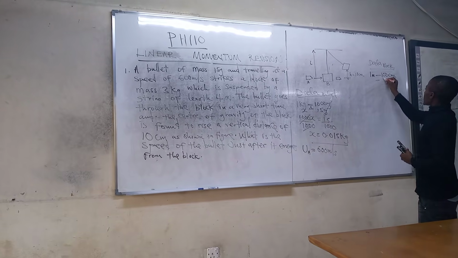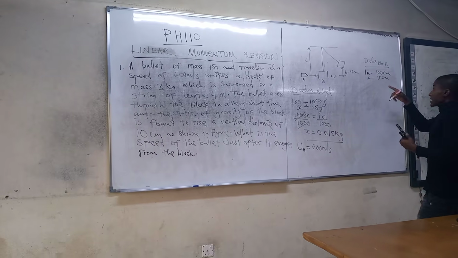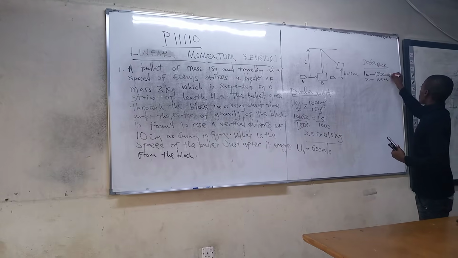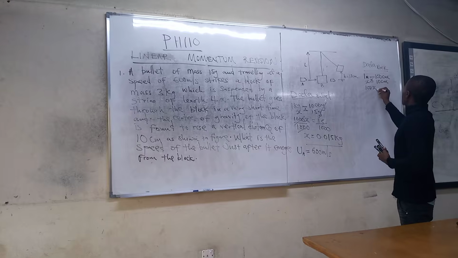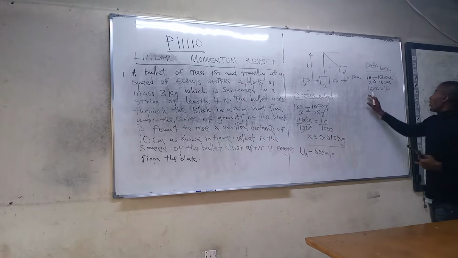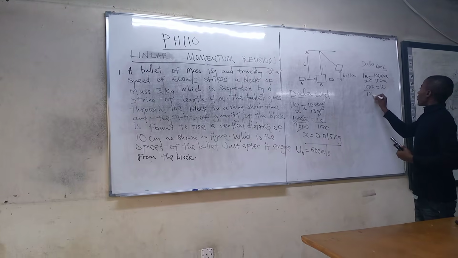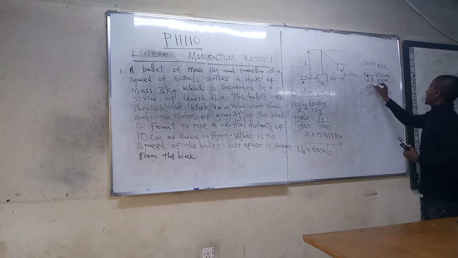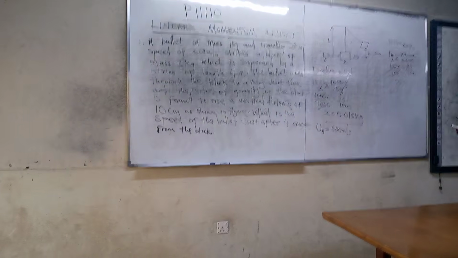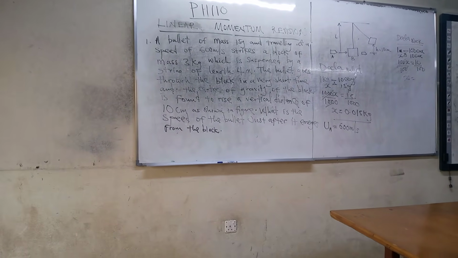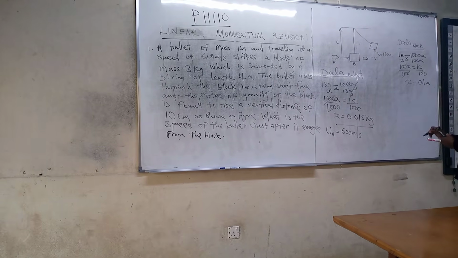So that is 10 centimeters, the one that you have been given. You put X, since you are looking for the distance or height in meters. So that one will cancel. When you cross multiply, 100 X is equal to 10. So you are going to divide both sides by 100, so 100 over 100. What is the value when you divide 10 over 100? What are you getting? 0.1. So 0.1 meters.